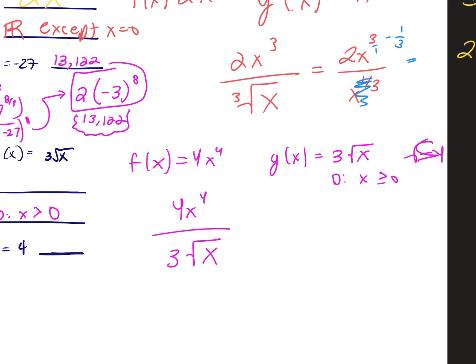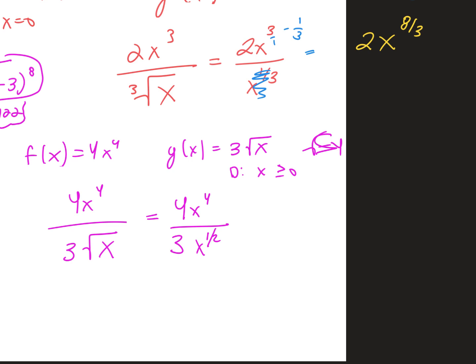So now the rest of this is easy. If we're going to simplify this, this is 4x to the 4th. What's another way I can write the square root of x as a fractional exponent? X to the 1/2. Now I am dividing bases that are the same, so I have 4x to the 4th minus 1/2, and my 3 stays down there.